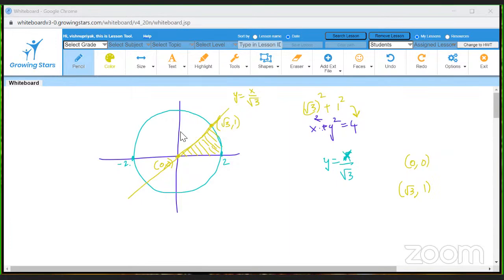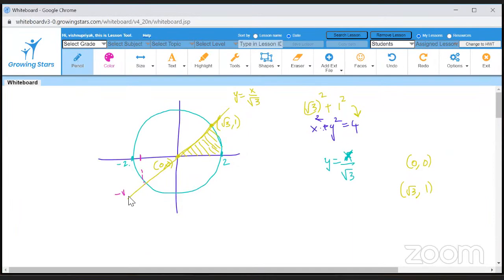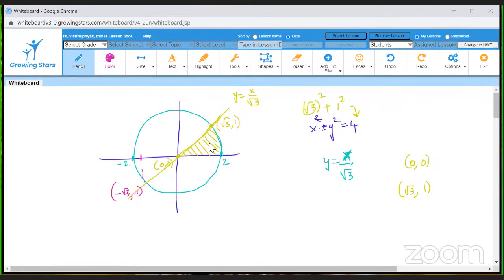If you see the graph, you will get the clear idea. In the previous one, I took from minus root 3 to root 3. Minus root 3, minus 1 is here. So I found this area and this area. That's why I did not get the answer which is in the question.